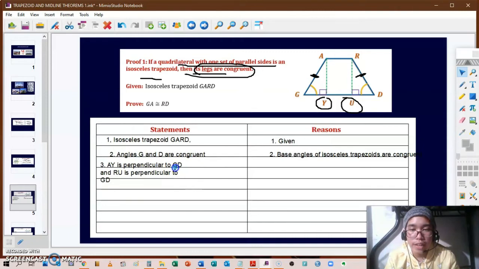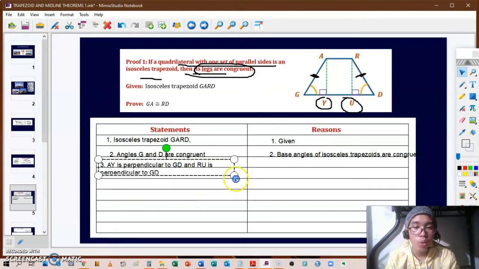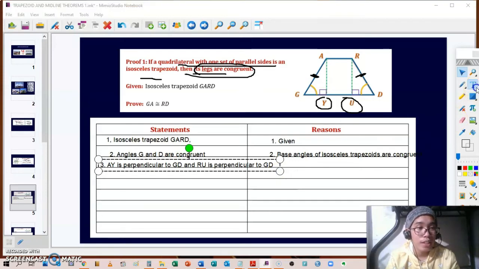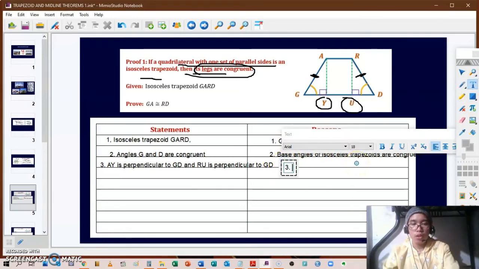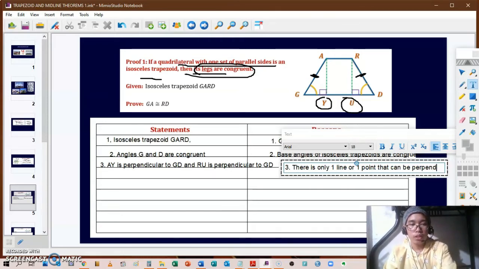The reason for that is that there is only one line or one point that can be perpendicular to a given point or line.